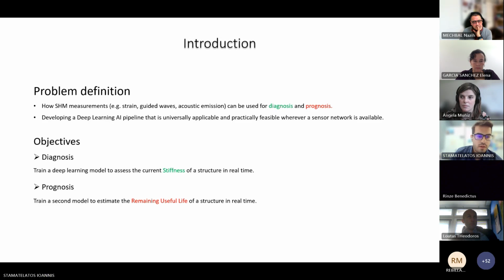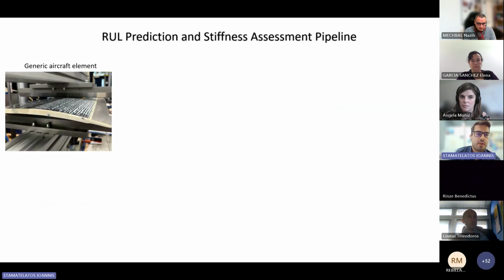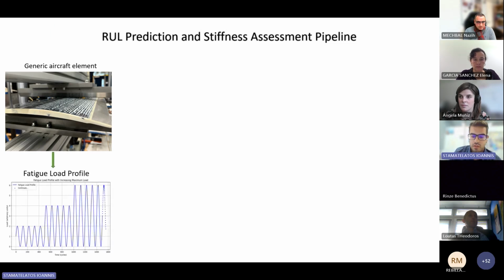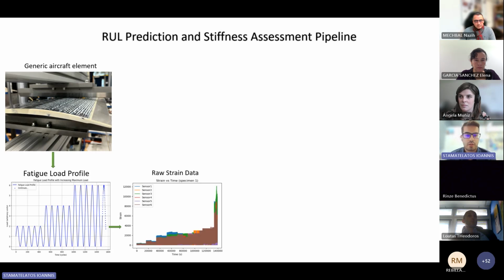So let's just go to the flow chart. The experiment was described extensively before, so there is no point in repeating the description.